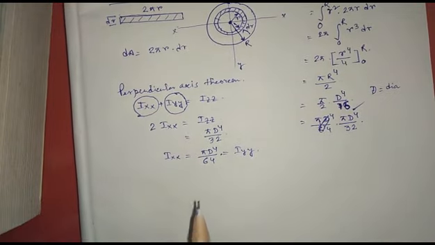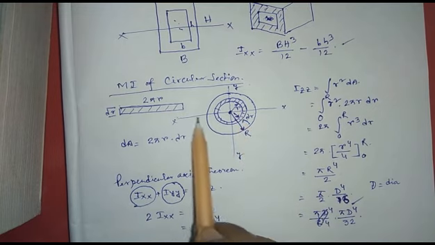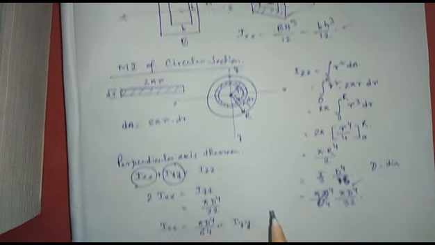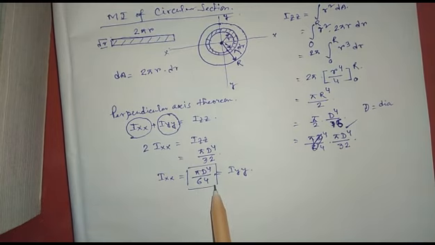So now we know that for a circle, the moment of inertia about the diametral x-axis is pi D to the power 4 by 64, and for the diametral y-axis it is also pi D to the power 4 by 64.